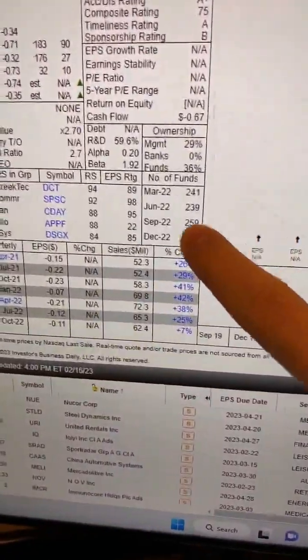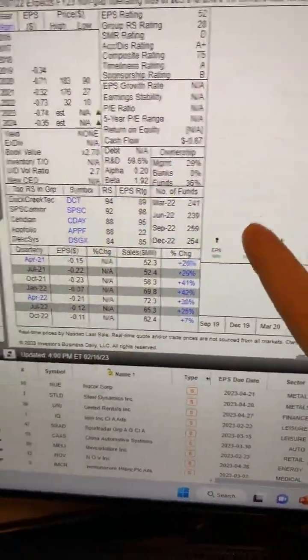If fund ownership is going up quarter over quarter, that's something that will help drive the price. The big institutions can't do all their buying and selling in just one day like we can. It's going to take them a little bit of time. So seeing this number go up over time is good.